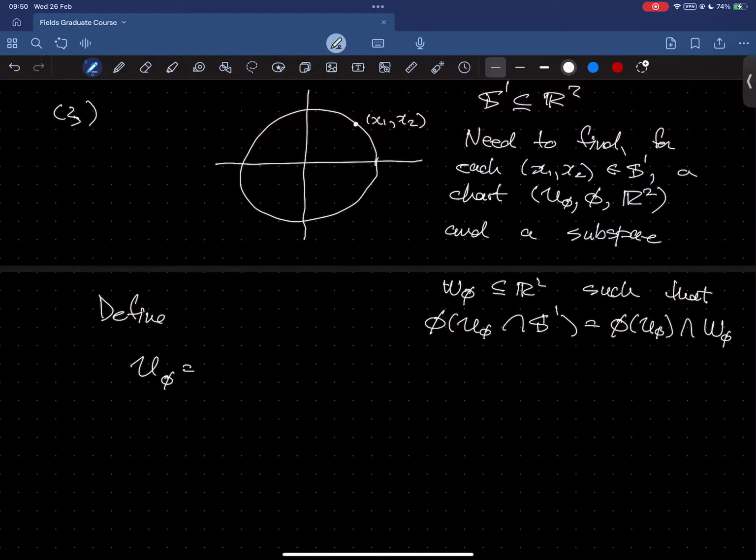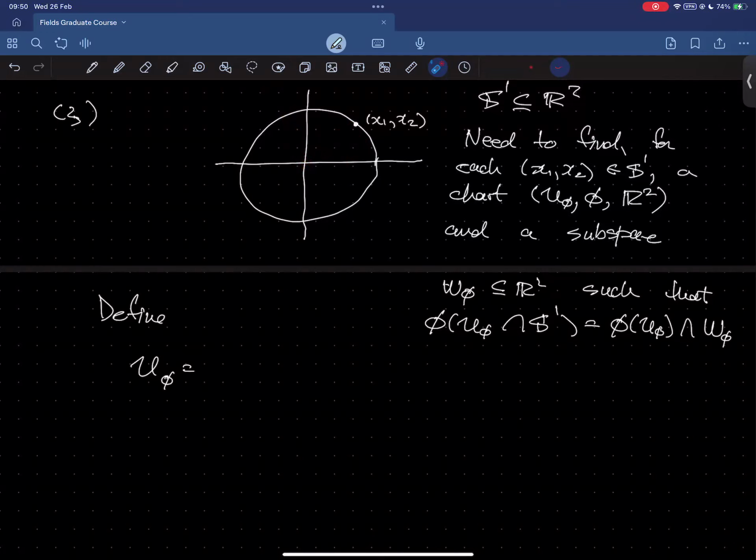Polar coordinates. So what's the domain of polar coordinates? You need a subset of R2 where the angle theta is well defined, and the radius r to any given point is well defined. Certainly you need to exclude the origin because the angle of the origin is not well defined.